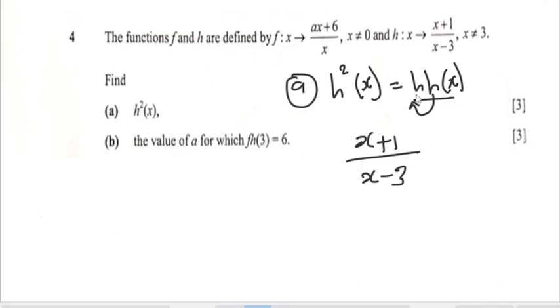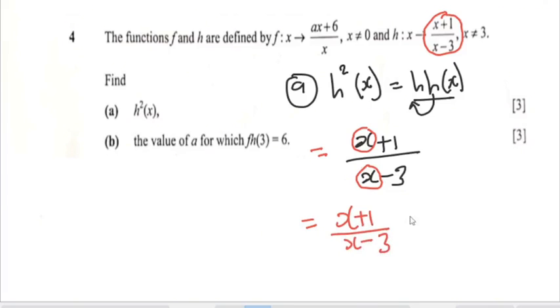Now, where there is x, we are going to substitute this same function of h. So where there is x, we put x plus 1 over x minus 3, plus 1. We are done with the numerator. Then we say over.